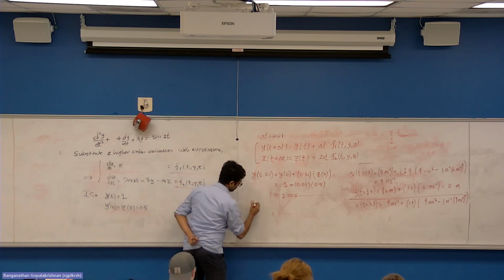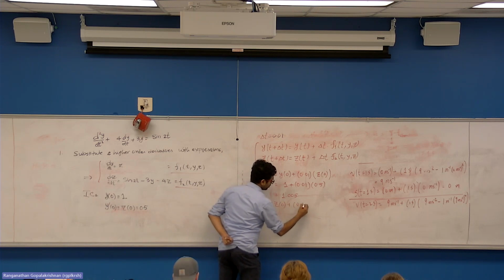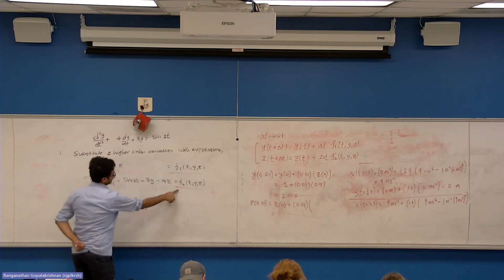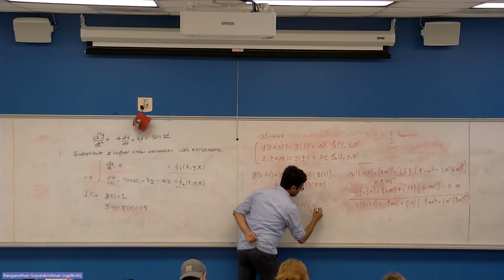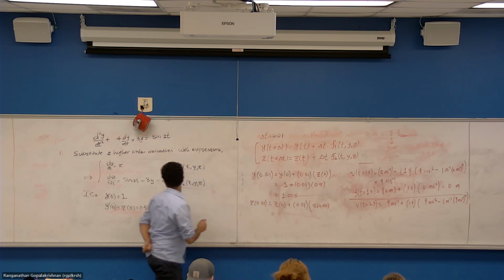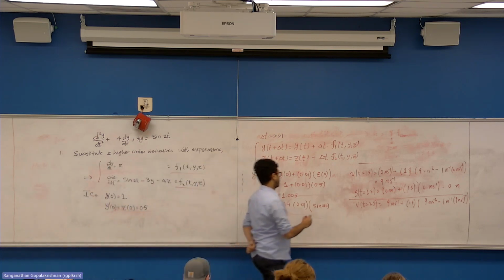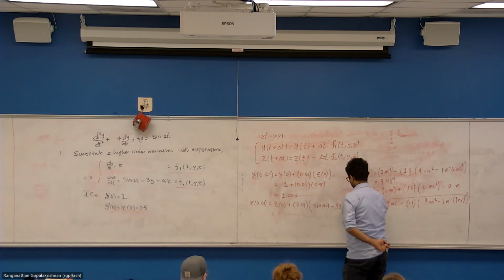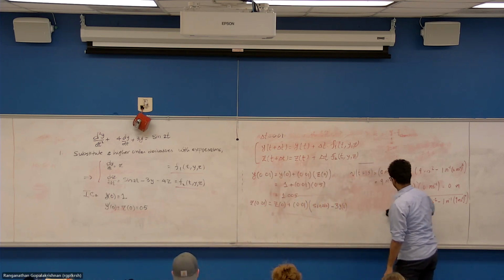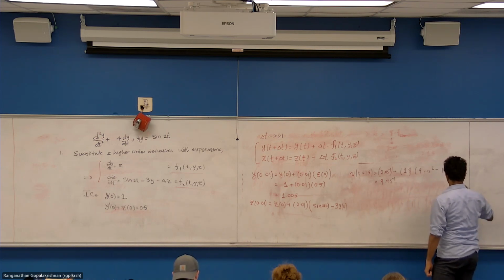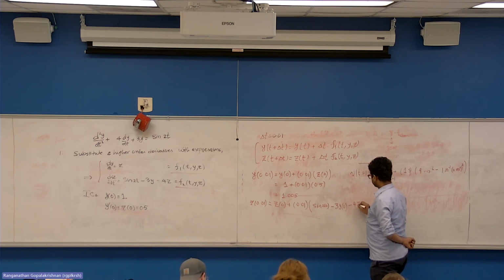And what is z of 0.01? That is z of 0 plus 0.01 times f2: sine 2t, t being 0, so sine of 2 times 0, minus 3 times y of 0, minus 4 times z of 0.